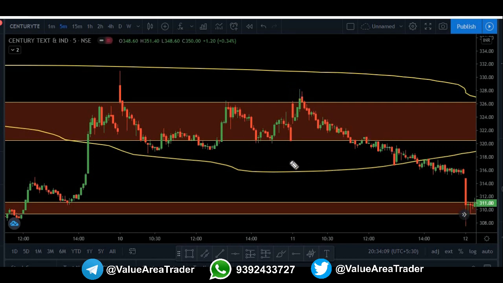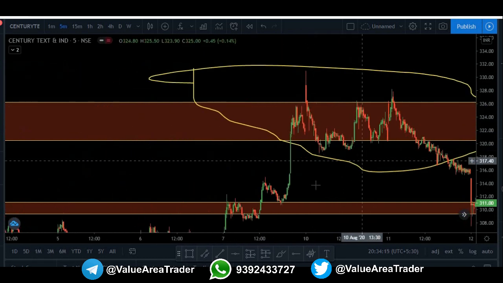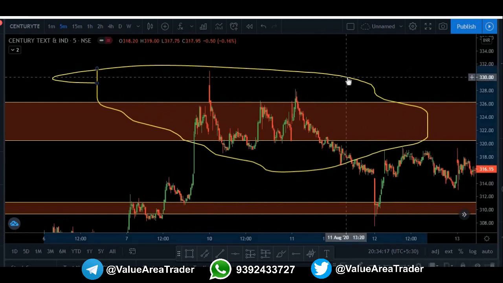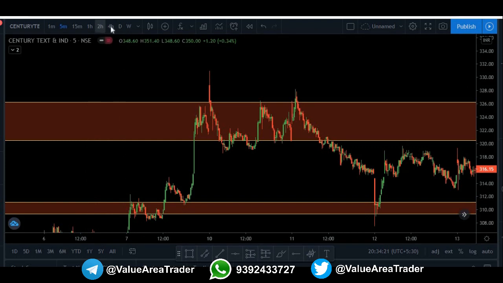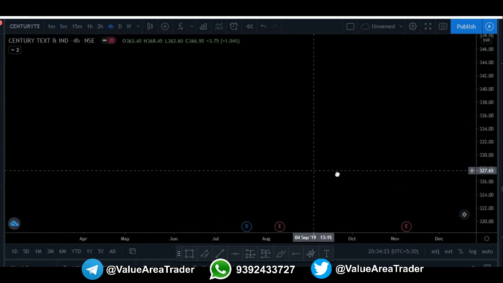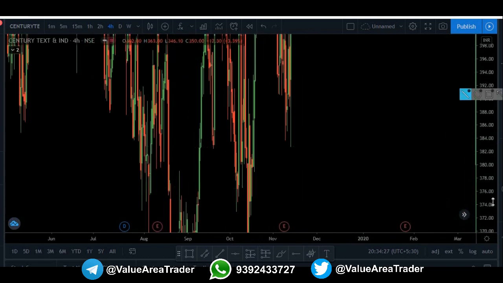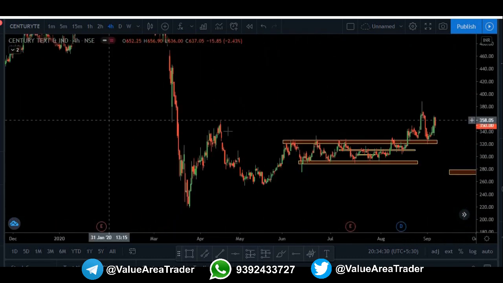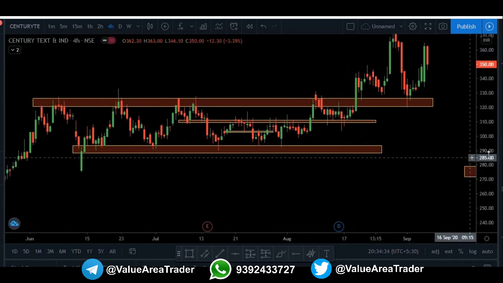So these kind of moves you can look for selling, and you know the direction, because the biggest confusion that people have in intraday is which side to trade, either the selling side or the buying side. So I would ask you to first see in the 4-hour time frame. The moment you get inside a trade, first look into the 4-hour time frame and see where is the candle right now.